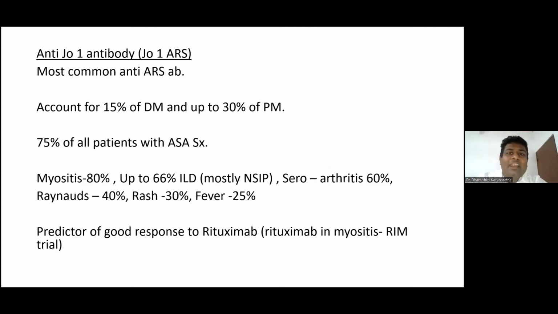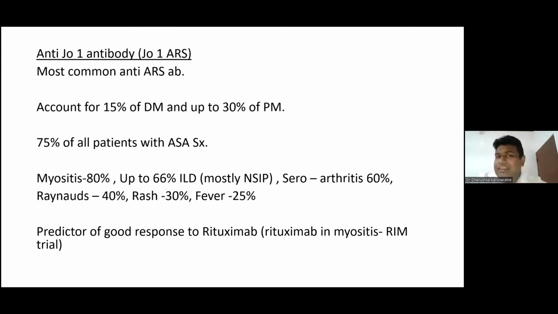Out of which the commonest being the Jo-1 antibody, which occurs in more than 75% of all patients with anti-synthetase antibody, and that accounts for 15% of dermatomyositis and up to 30% of the patients without skin manifestation showing polymyositis.